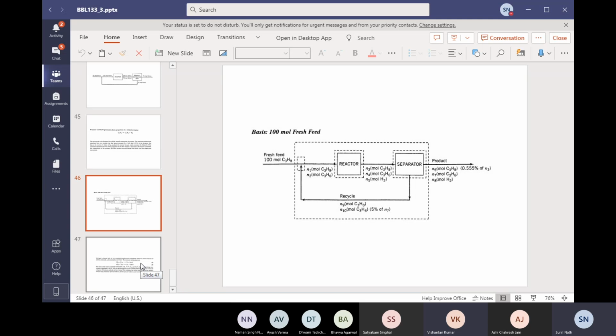I'm just doing an overall balance. Overall conversion is given, and 100 was going in. Correct, so from that I get 95. So the recycle ratio will be 895 plus 4.75 upon 100, almost 9: 9 moles of total recycle per mole of fresh feed.